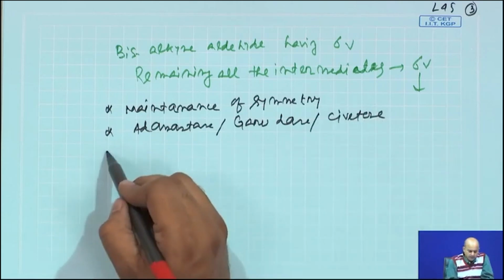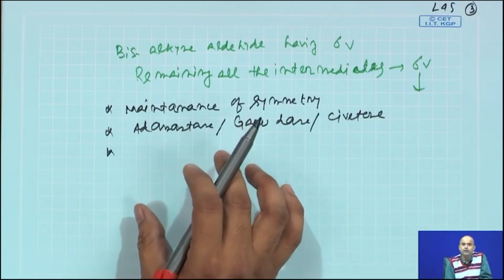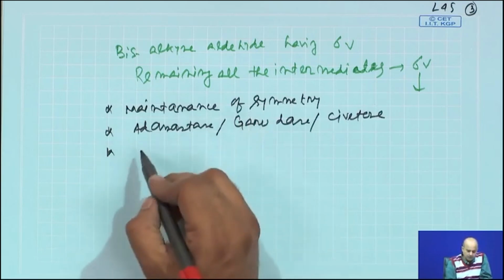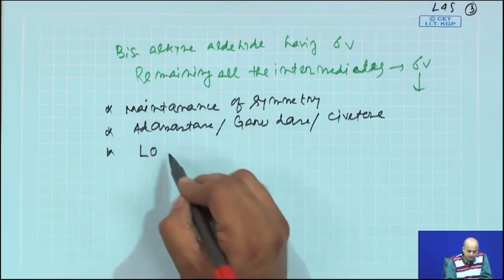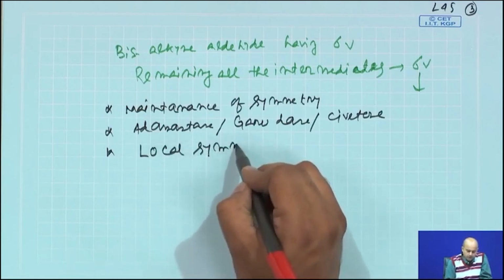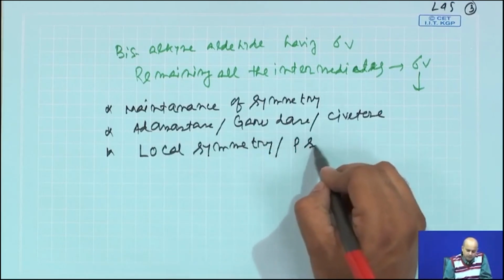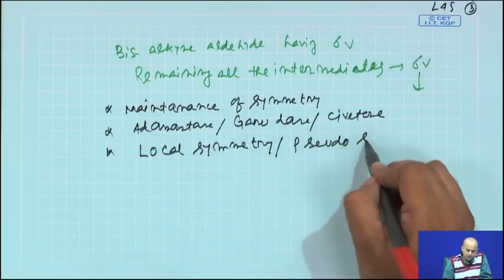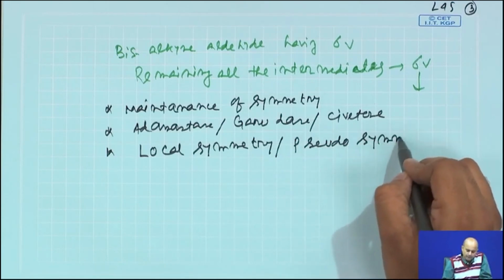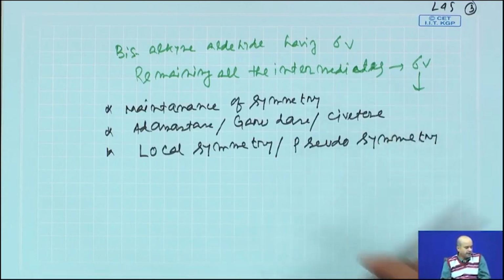Next, there are 2 remaining points to consider. The next important point is local symmetry and pseudo symmetry. These 2 points we are going to discuss now.